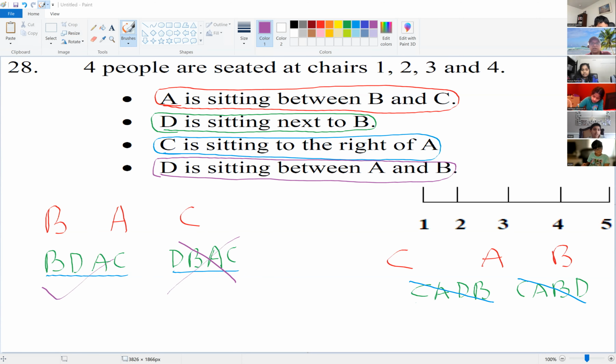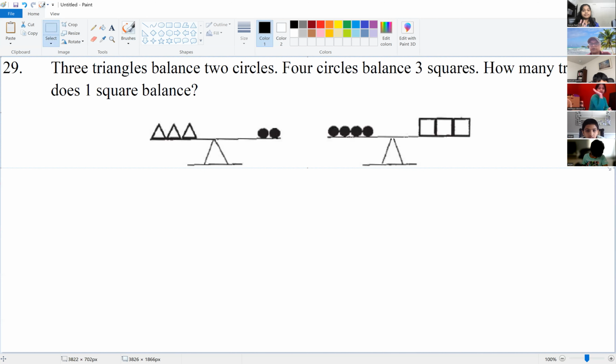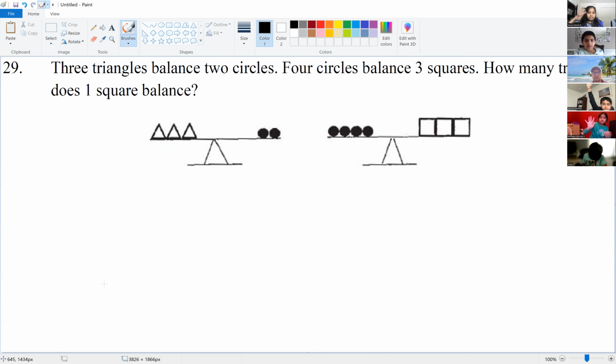Okay, and then 29. Three triangles balance two circles, which is in the left picture. Four circles balance three squares.